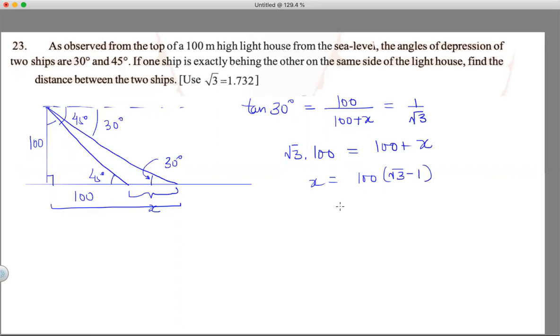The value is given here, so it's 100 into 0.732, which is 73.2. That's what you said, right? Perfect. So this is a typical question. This is the kind of question which includes two angles available to you, and you solve one part and the other part next. This is the most common type of question you will get in trigonometry.